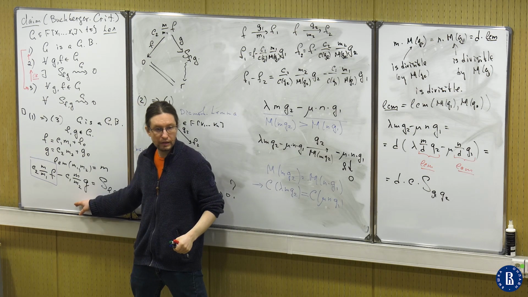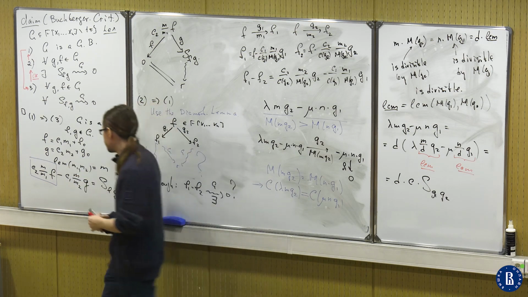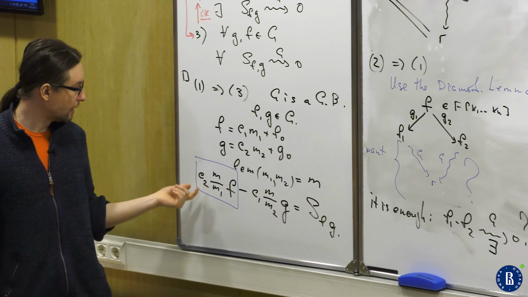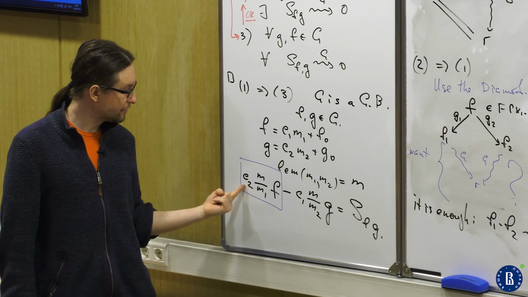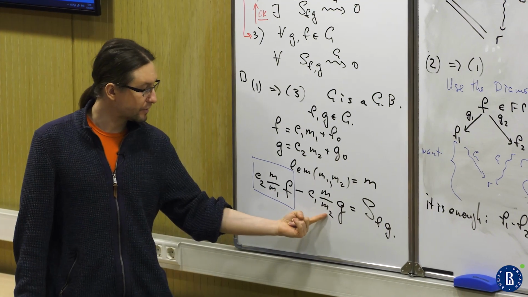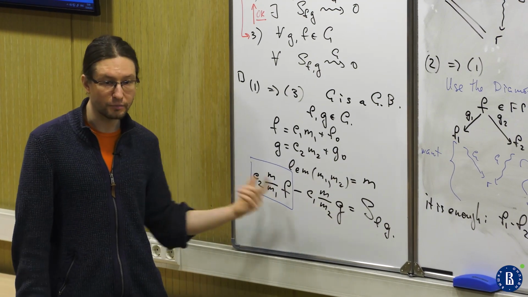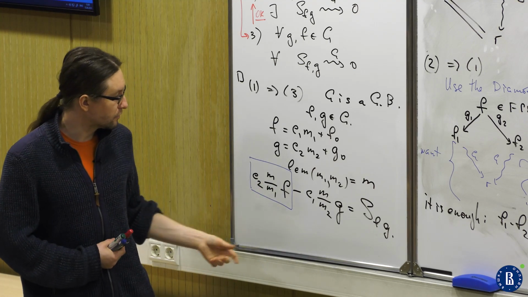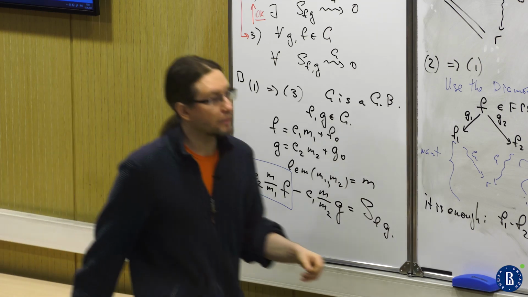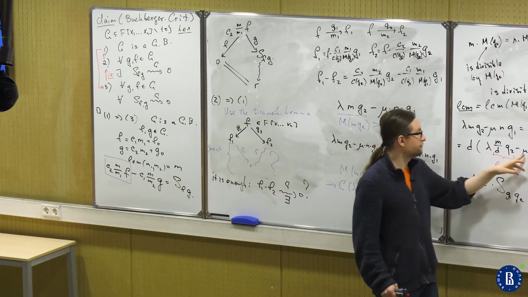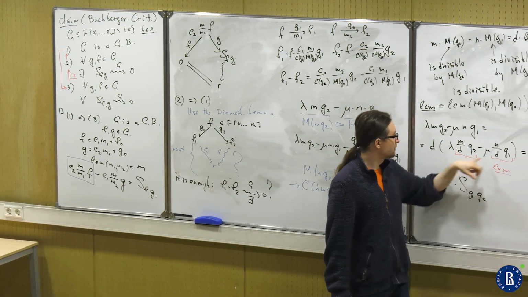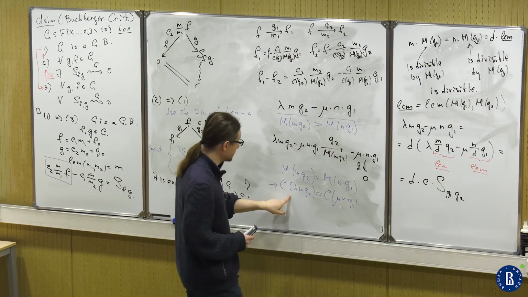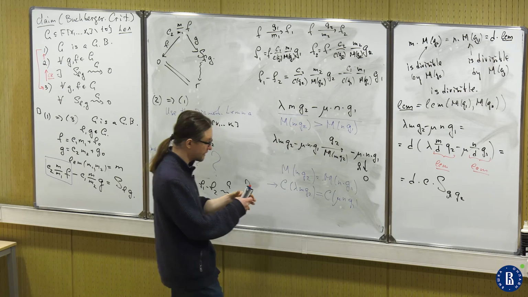But now, by the definition of the S polynomial, I should multiply this thing by C2 and this thing by C1, and then subtract one from the other. Then we will get the S polynomial. But here, the coefficients are not the ones we needed. But we know that the leading coefficients of these are the same.